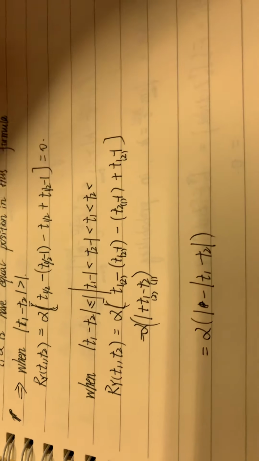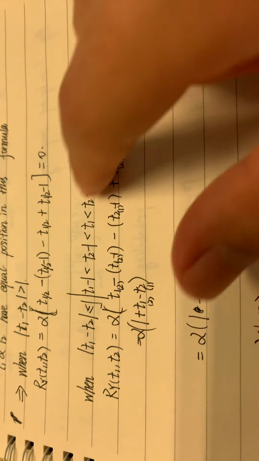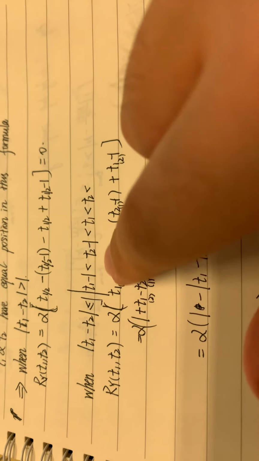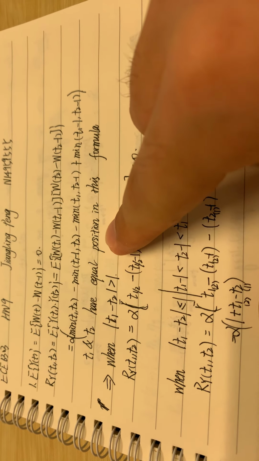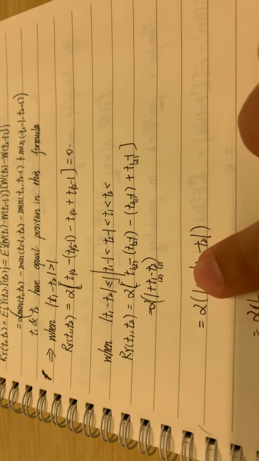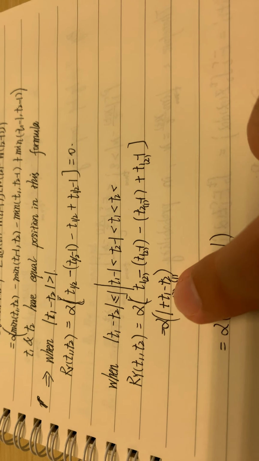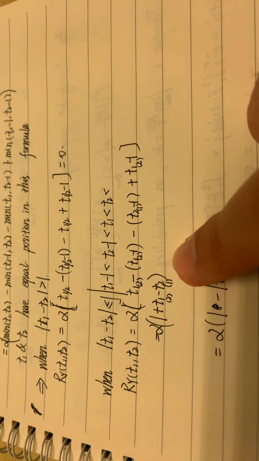That is another assumption, but it is equivalent because we already knew that t1 and t2 have equal positions in this formula. The final result would be alpha times (t1 minus 1 plus t1 or t2 minus t2 or t1).